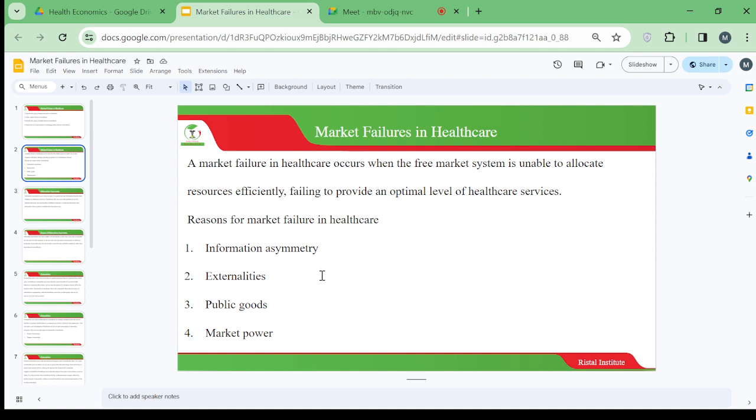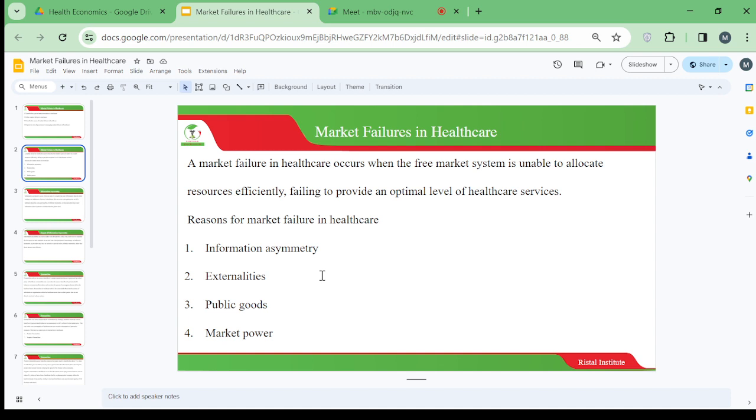Okay, so that means that the services are made extremely expensive, or the services are actually not available. So you have a cost issue that results in healthcare services not being at the optimal level.